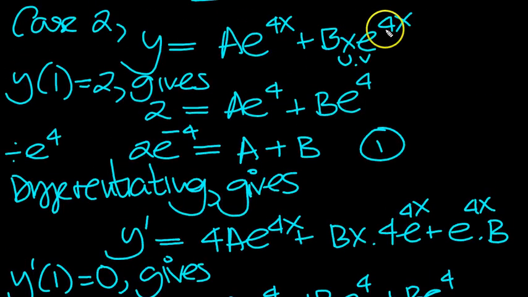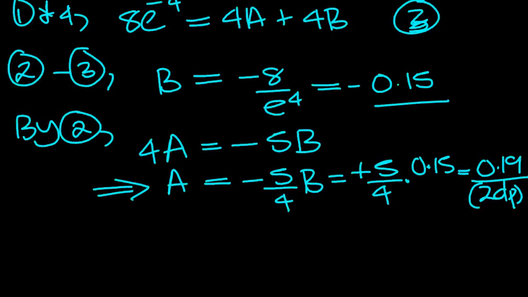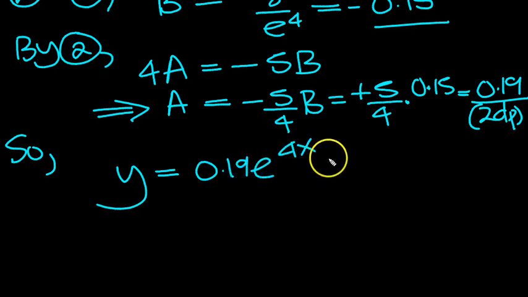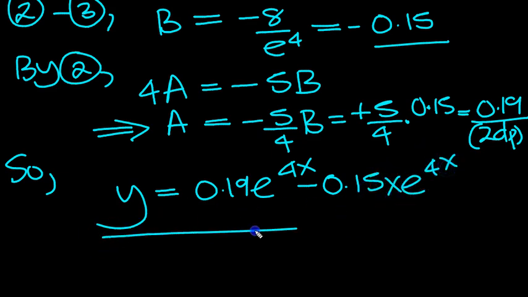Go back and remind ourselves of our general solution: a e to the 4x plus bx e to the 4x. So a is 0.19, e to the 4x plus bx, b is minus 0.15, so it's a minus 0.15 x e to the 4x. And that's the particular solution.